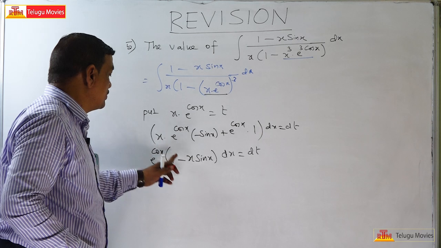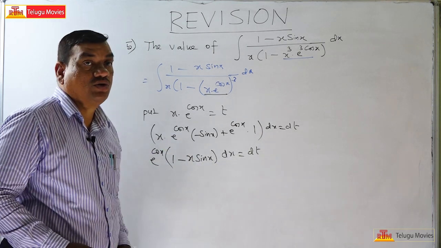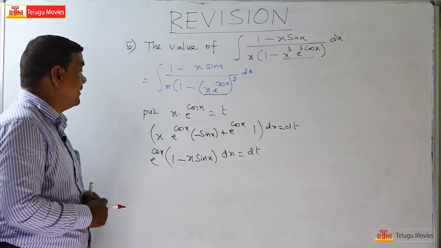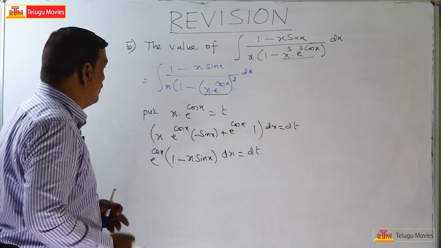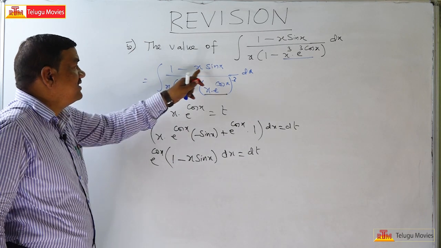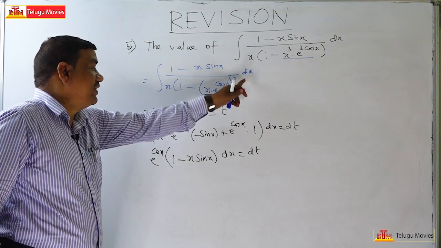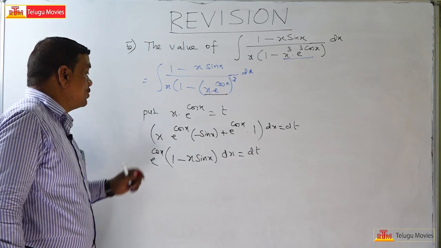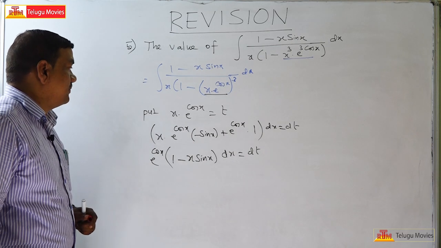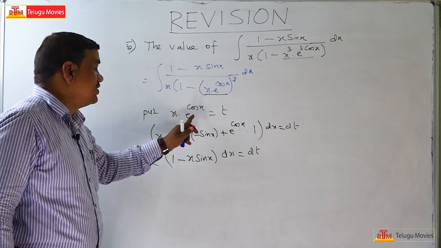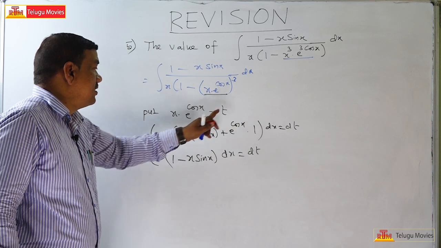So here x is 1 minus x sin x dx is equal to dt. If you observe here, in place of (1 minus x sin x) dx, we can write dt. So what about e power cos x? We can write e power cos x as t by x.